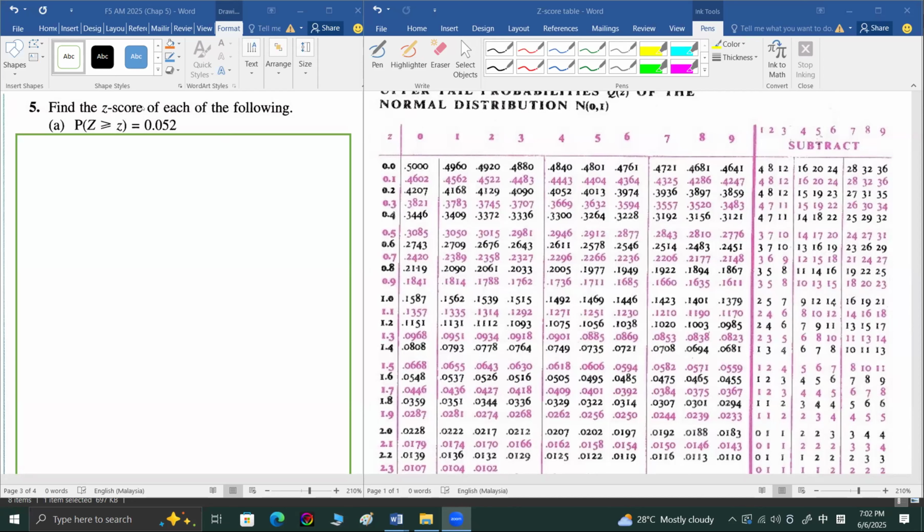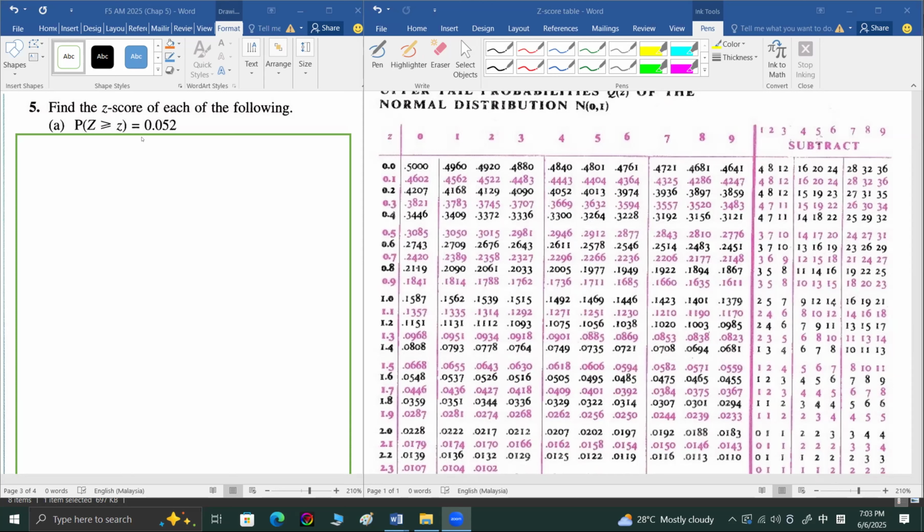The probability is inside here. Just now I showed you Z to find the probability, and here we subtract. So now if we do it back, instead of subtract, you have to add. So how to do it? Class, listen to me one by one. Everything I do manually first.